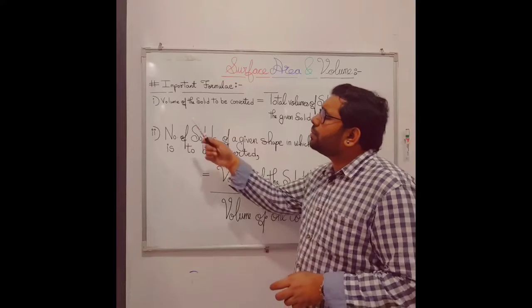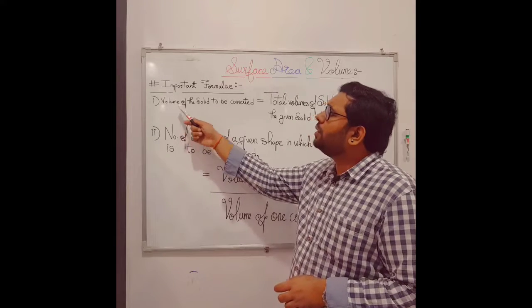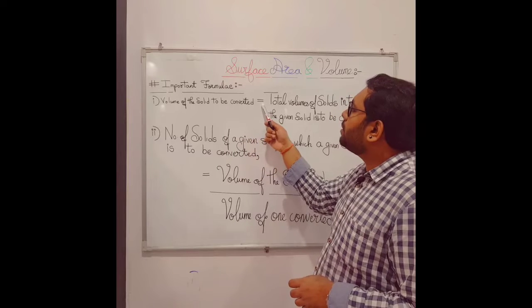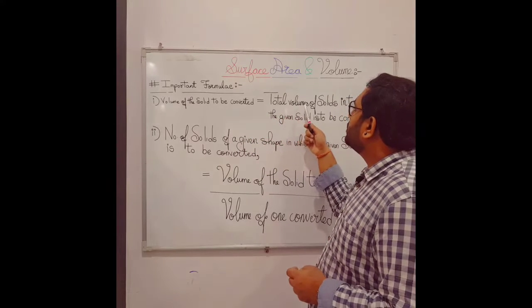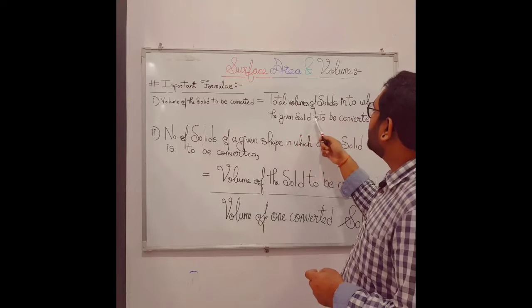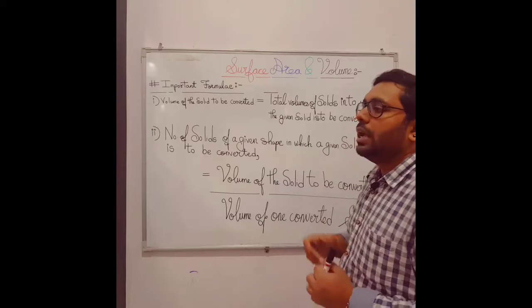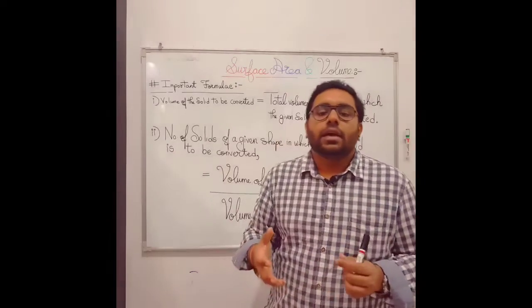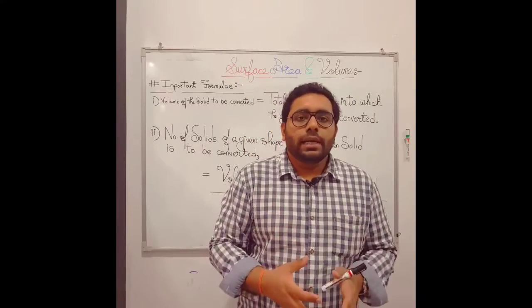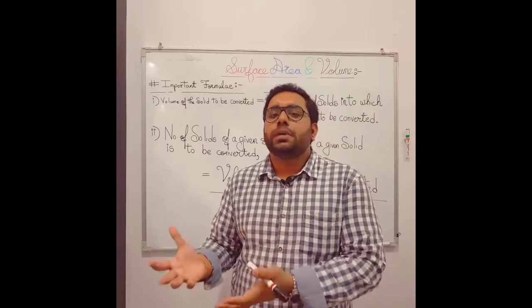The very first formula is: volume of the solid to be converted is equal to the total volume of the solid into which the given solid is to be converted. For example, let's say I took a metallic cube, I melted it and recasted it and made a sphere out of it.